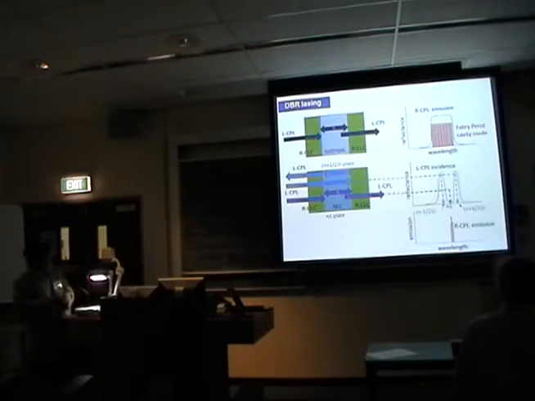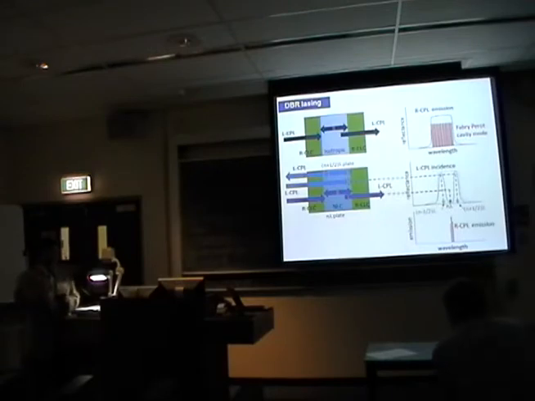The difference is only the thickness. Normally in defect mode lasing, we use a thin defect layer, like a quarter of the wavelength.